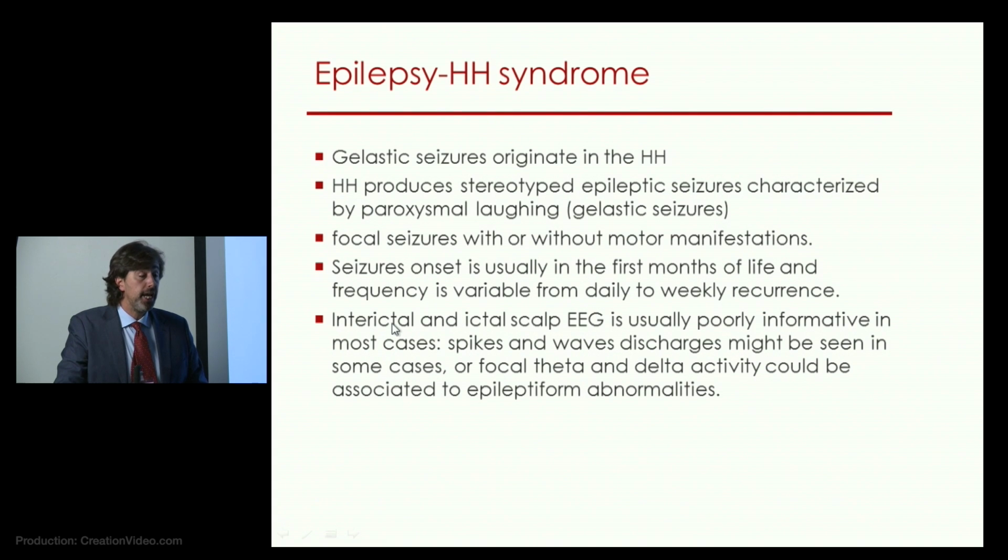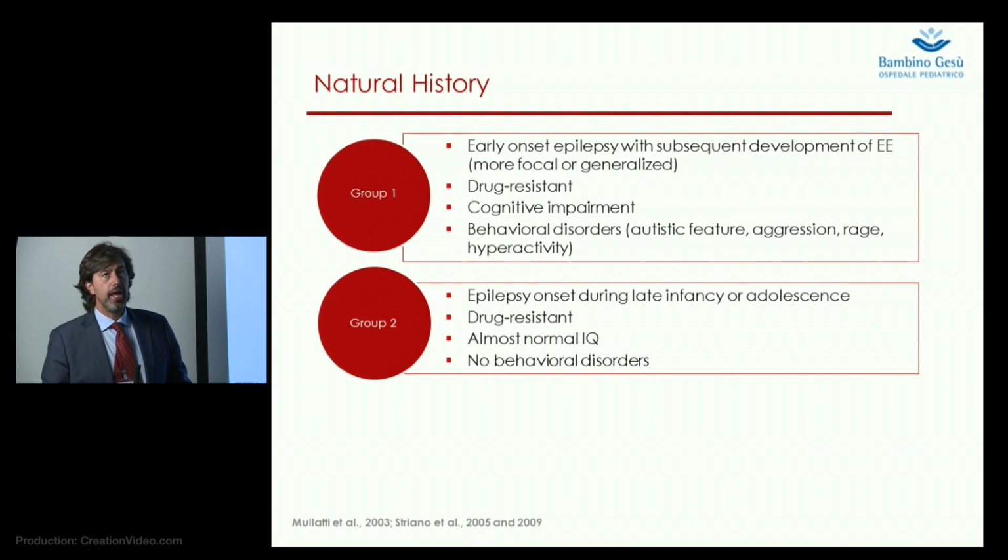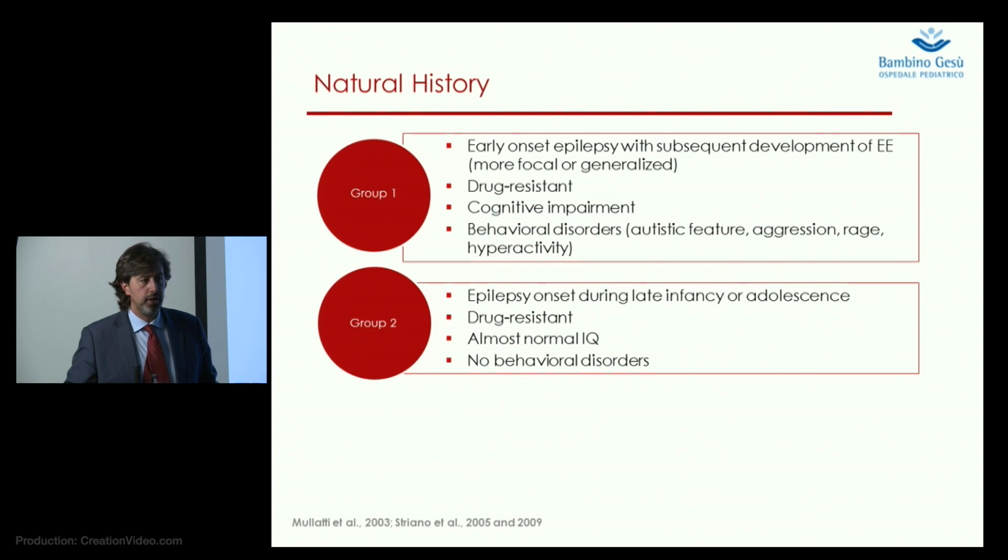And again, interictal and ictal EEG is usually poorly informative, but sometimes we might have some nice rhythmic activity. It's not very frequent, but sometimes we might have it. Following the natural history of the disease, those papers have tried to divide two different groups.